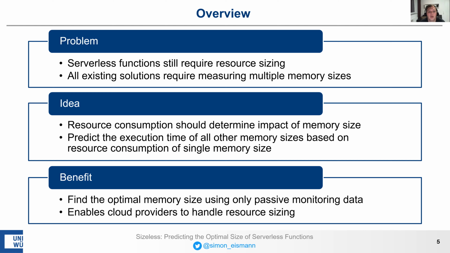And therefore, we want to predict the execution time of all other memory sizes based on resource consumption monitoring of a single memory size. This would allow us to find the optimal memory size using only passive monitoring data instead of active performance tests, and it would enable cloud providers to handle resource sizing instead of pushing it off to the developer.